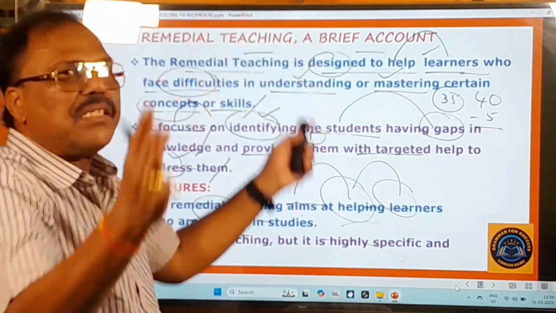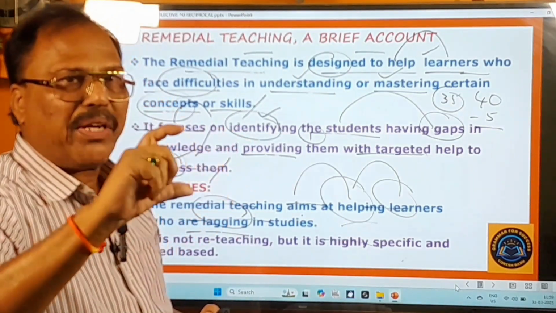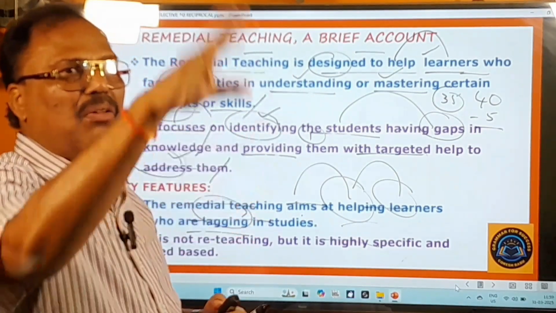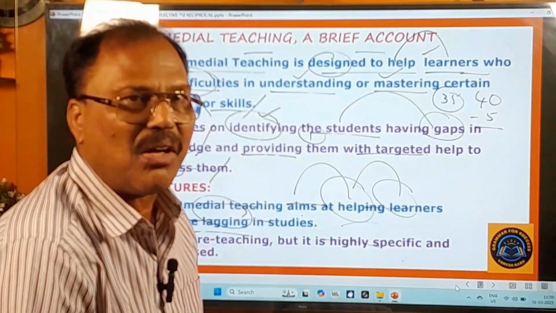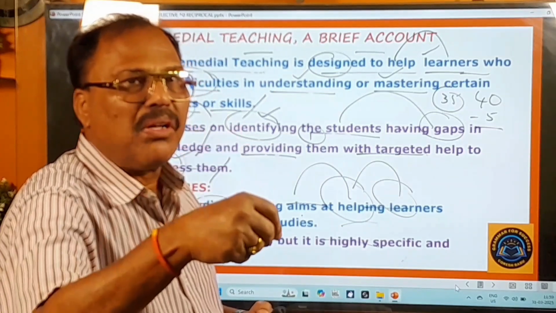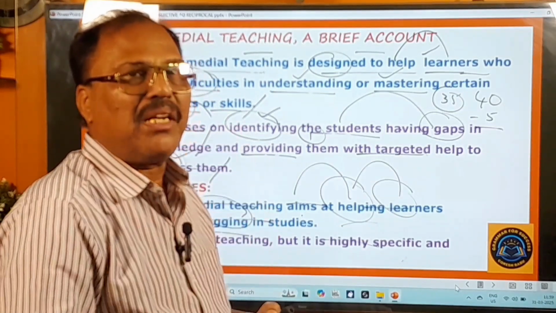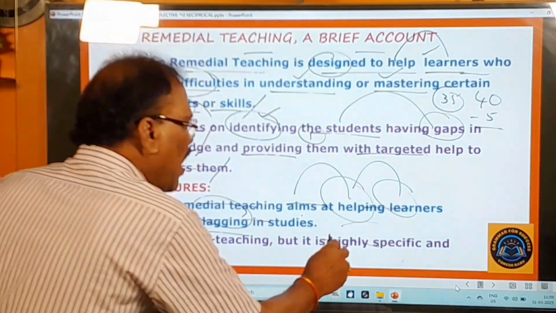Not all the tenses are taught to the students. Only in whichever part of the topic the students are poor, only in future tense. So only future tense is taught to the students. That's all. Not the present tense, not the past tense. Because the students are poor only in understanding the future tense. So that is the area. So that's why this is highly specific.